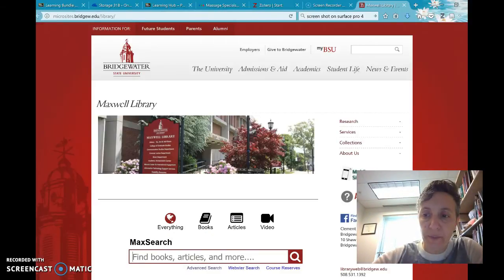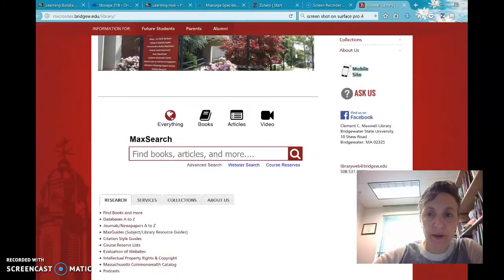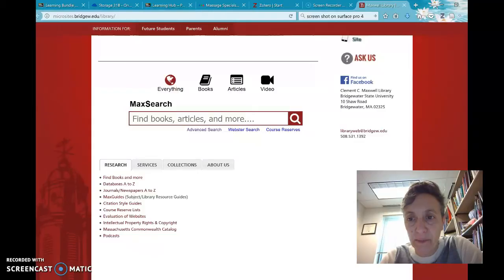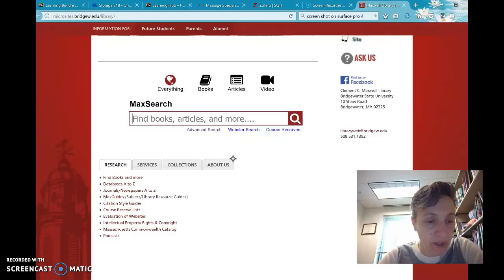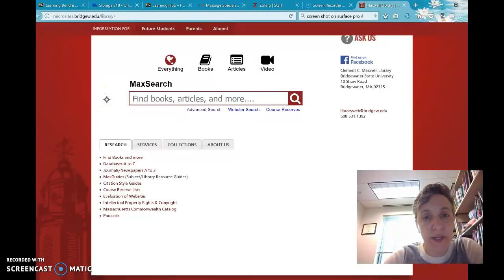So from off campus, this is the main page of Maxwell Library. From off campus, and even sometimes when you're on wireless like I am right now, you might be required to put in your username and password to use the databases, but that's just something you probably already know. So this Max Search bar here is one way to start.